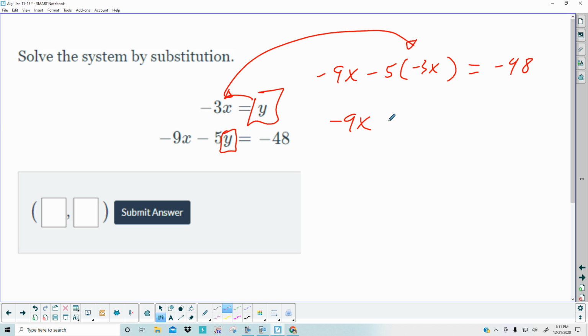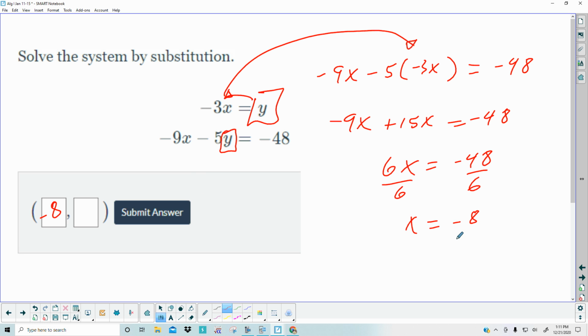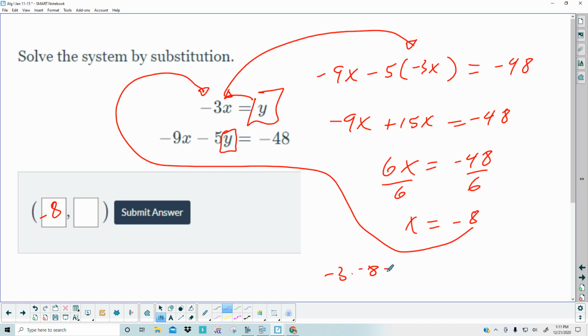Negative 9x plus 15x is equal to negative 48. 6x is equal to negative 48. Divide by 6. x is equal to negative 8. And now fill it in to find y. So 24 is y. Okay.